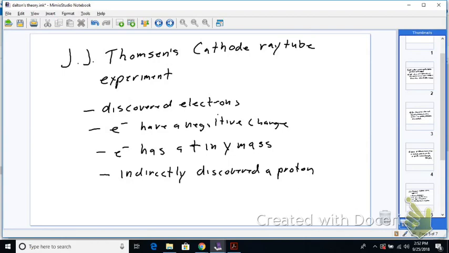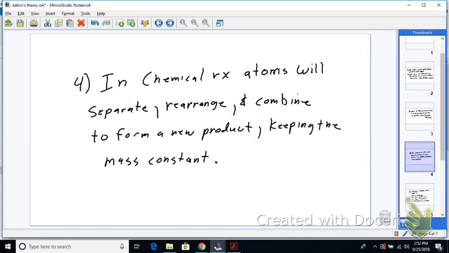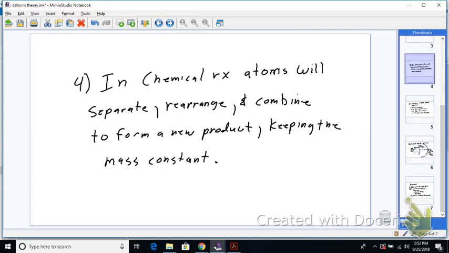And they also knew that because of this, there was something positive in the setup. Later on they were called protons. Okay? So that's J.J. Thomson's cathode ray tube experiment.